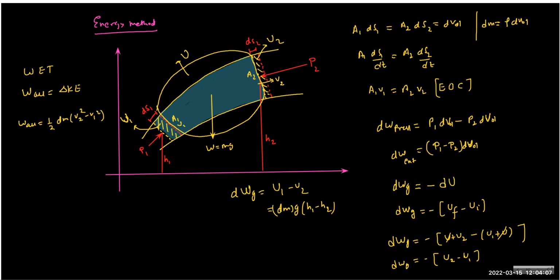And what is the work done by all forces? Work done by pressure plus by gravity. The pressure work done is (P1 minus P2) into d volume, and gravity is dmg (h1 minus h2).